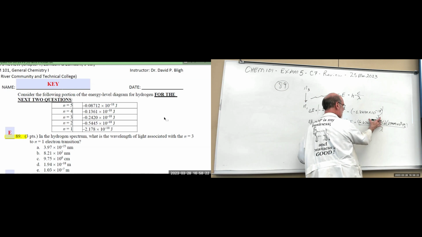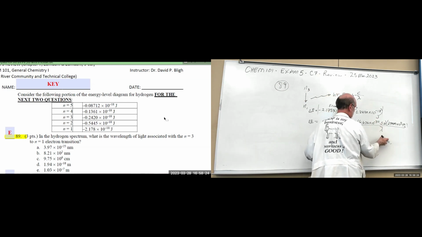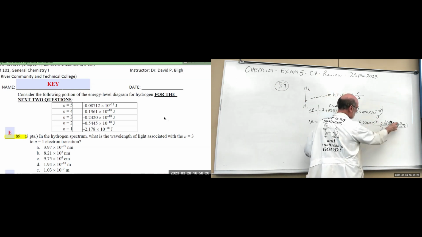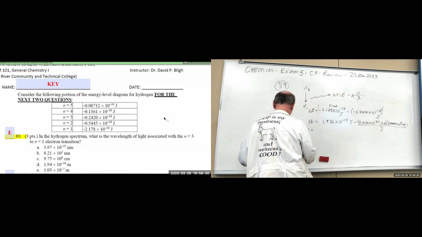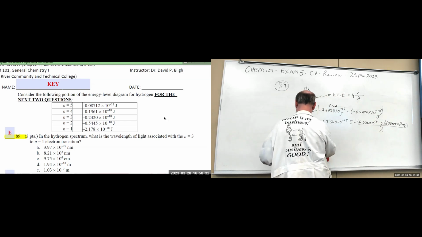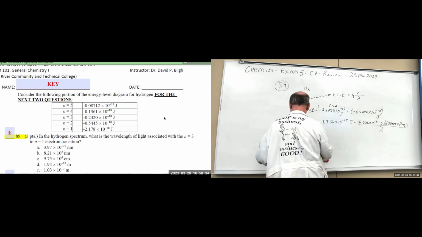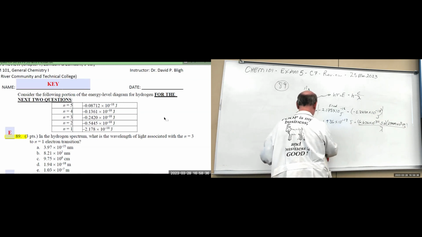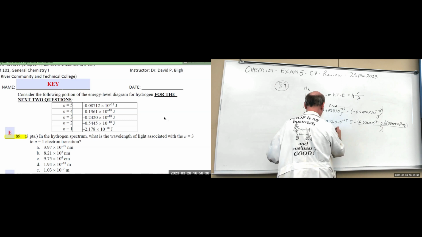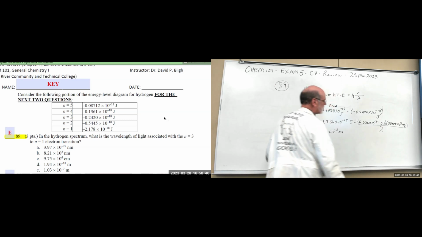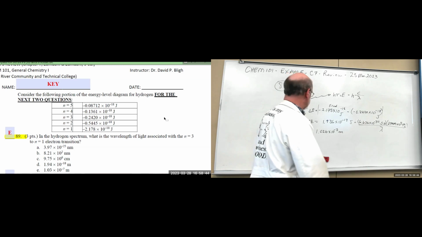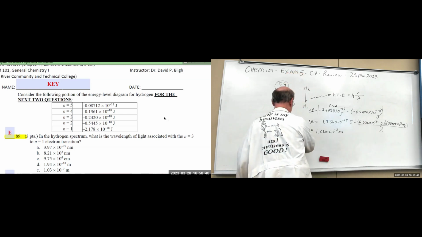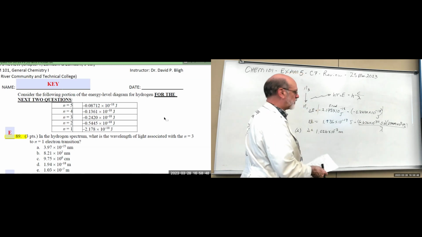We divide energy into that one, and energy into that one times this one. So the wavelength is 1.026 times 10 to the minus 7 meters. Now, is that one of our answers? Yeah, E. Rounded off, 1.03.